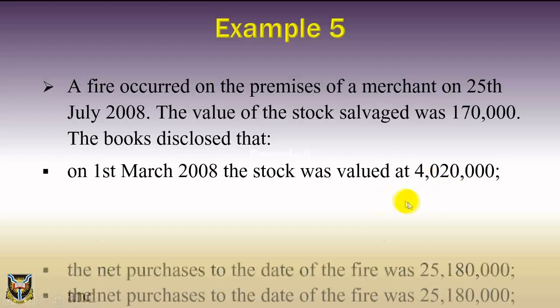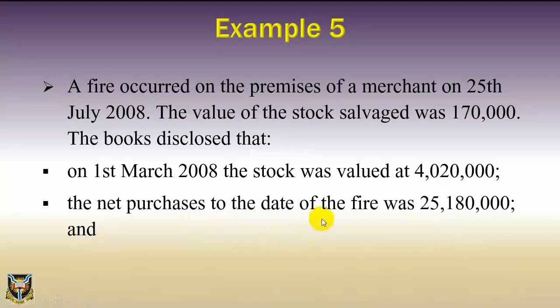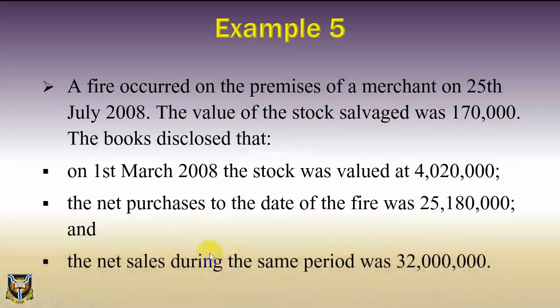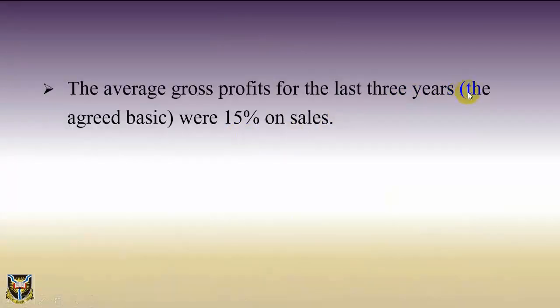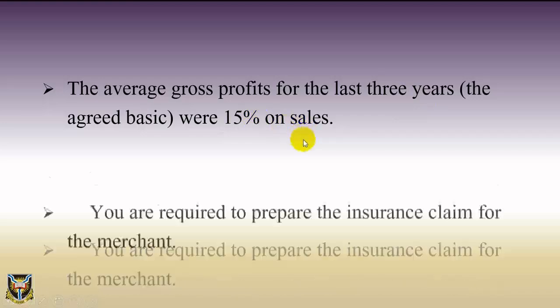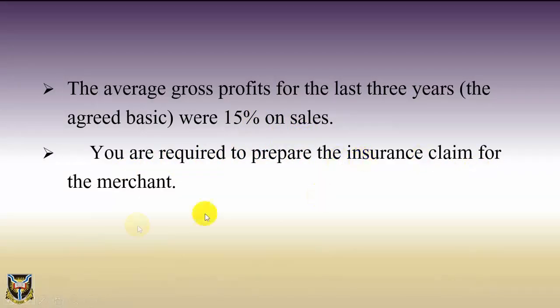The net purchases to the date of the fire were 25,180,000, and the net sales during the same period were 32 million. The average gross profit for the last 3 years, the agreed basis, was 15% on sales. You are required to prepare the insurance claim for the merchant.